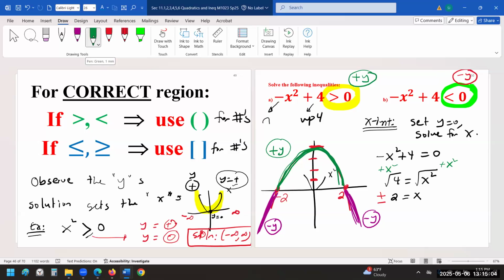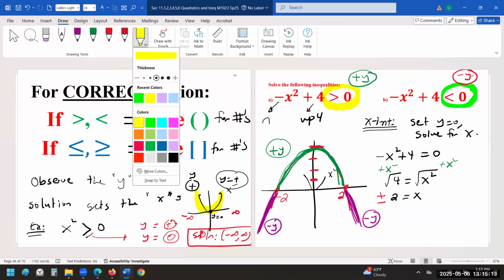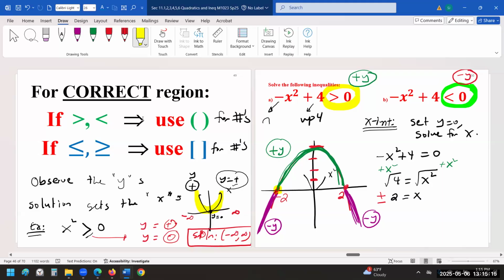So we are looking for which x values give us these y values. Definitely starting from here, right? At x is -2, we get y is 0. And then for every number from -2 until 2, all the y's are positive.